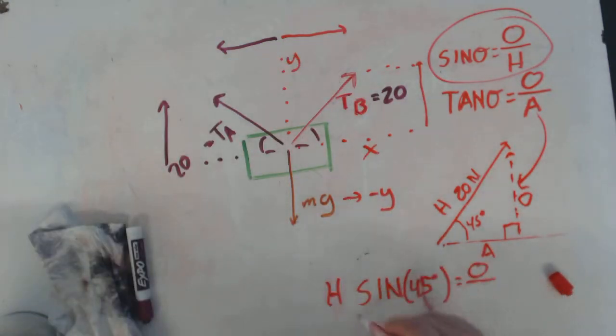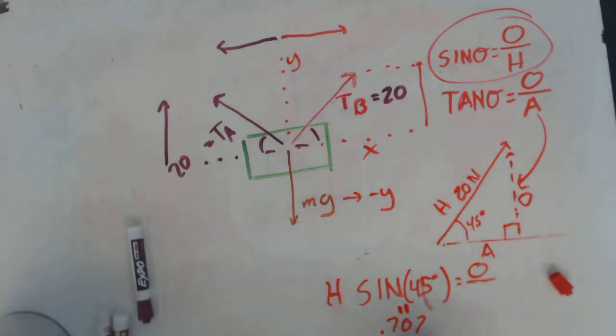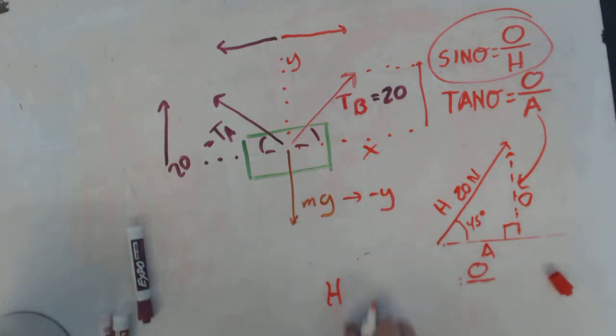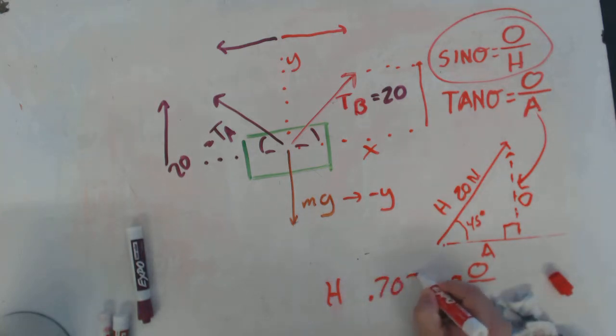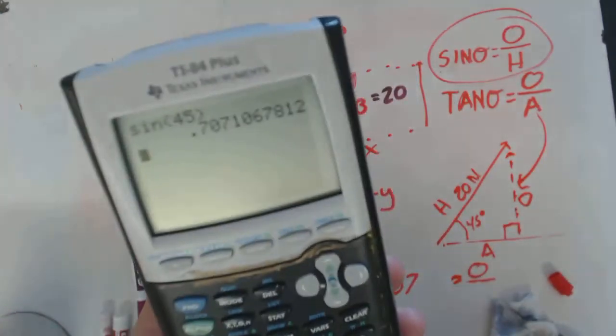That means this right here is equal to 0.707. Okay? So I'm just going to put that substitution in right now. And remember, that's what I'm getting from right here.